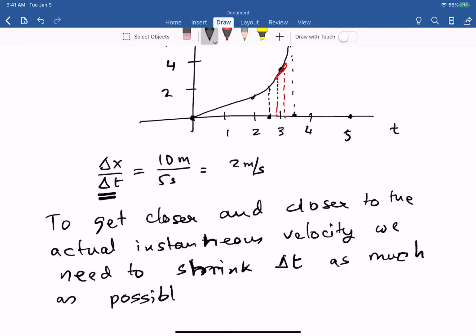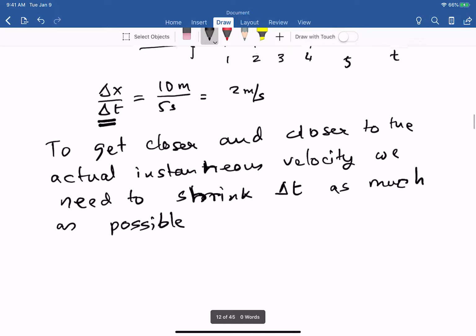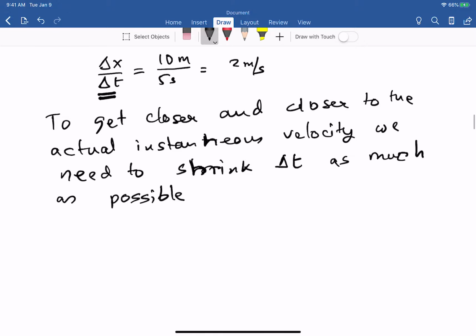We want to make it smaller and smaller and smaller. And the smaller we make this interval, the more accurate our estimate of instantaneous velocity becomes. So essentially, to get the exact value of the instantaneous velocity at t, what we need to do is delta x divided by delta t, where we take the limit delta t tending to 0. This will give us the exact instantaneous velocity at t equals 3 seconds.